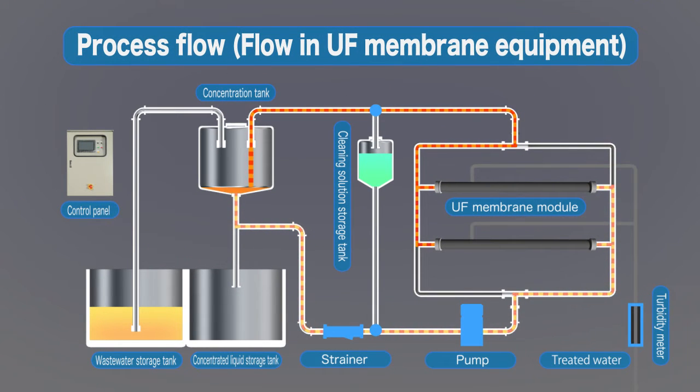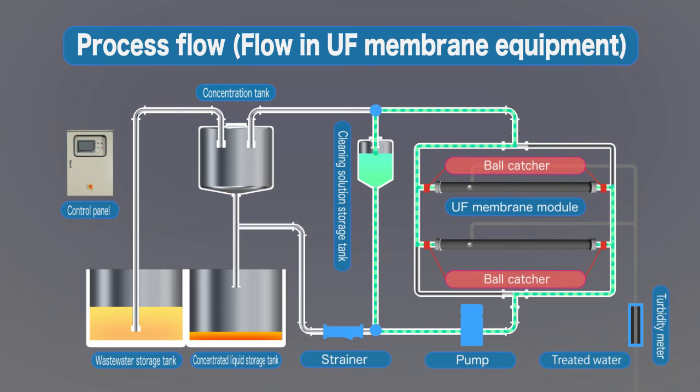The concentration is repeated in this way, and when the liquid level falls to the set level, the concentrated liquid is discharged to the concentrated liquid storage tank. The flow channel is then switched from the concentration line to the cleaning line by an automatic valve, and circulation cleaning is performed automatically.